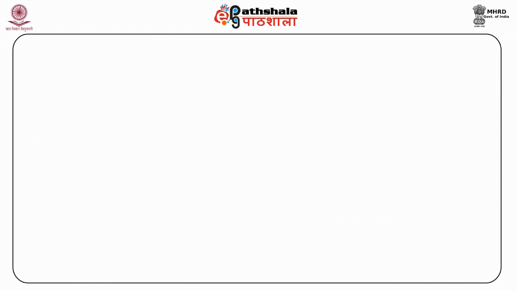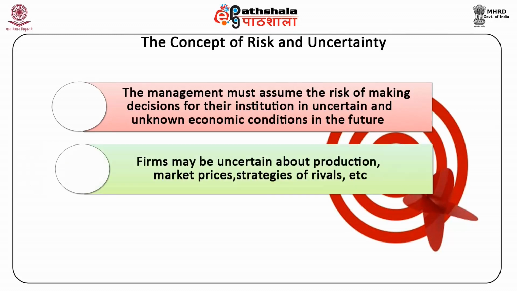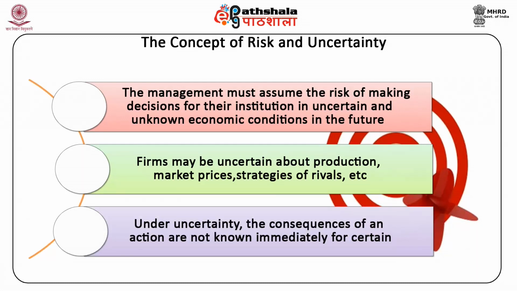This means that the management must assume the risk of making decisions for their institution in uncertain and unknown economic conditions in the future. Firms may be uncertain about production, market prices, strategies of rivals, etc. Under uncertainty, the consequences of an action are not known immediately for certain.